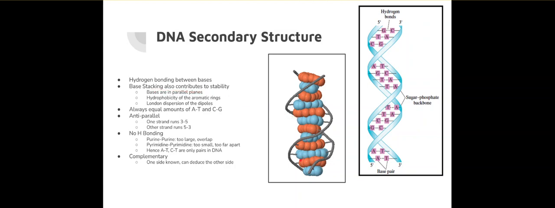So what you have here is, remember, you've got bases in here. So this is our double helix, and here are our bases inside of here, and they stack on top of each other like this, in parallel to each other. And therefore that provides some attraction between these and provides additional stability for this double helix structure.